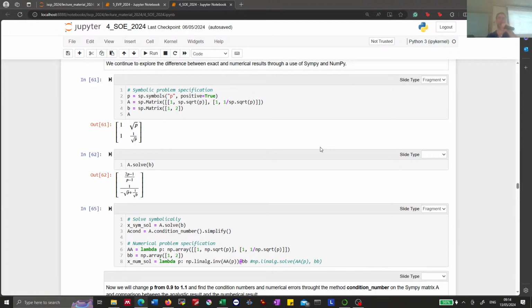But if the condition number is small, ideally 1, 7 is okay, 10 is okay, probably 20 is okay, then that is also okay.